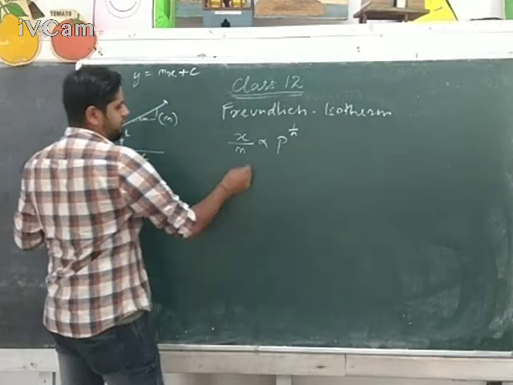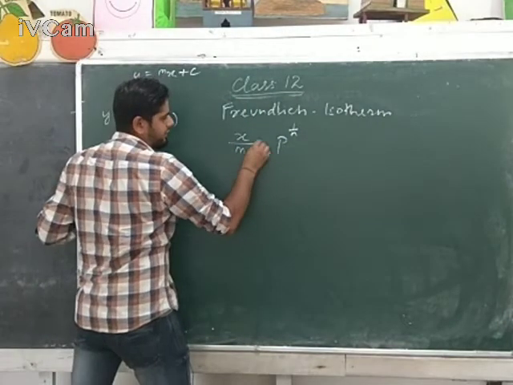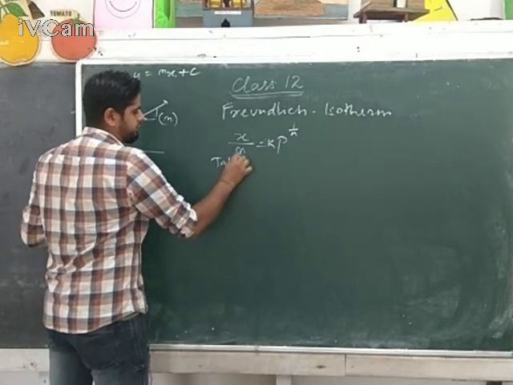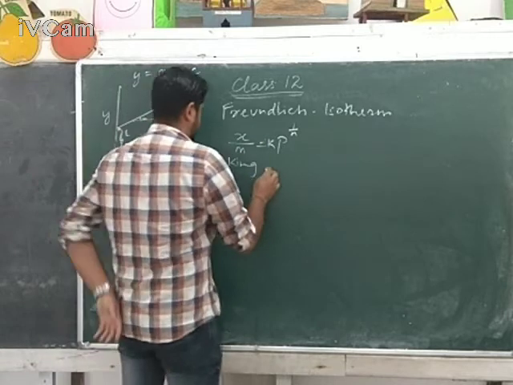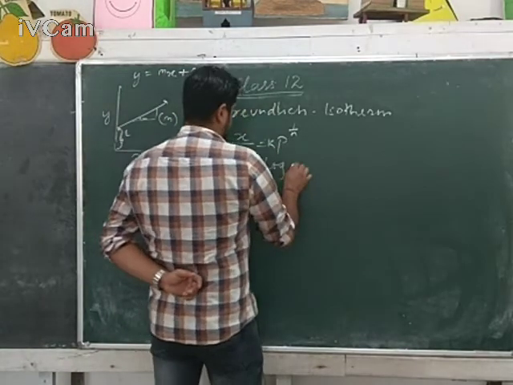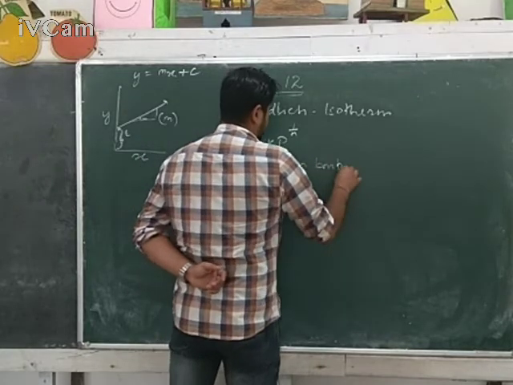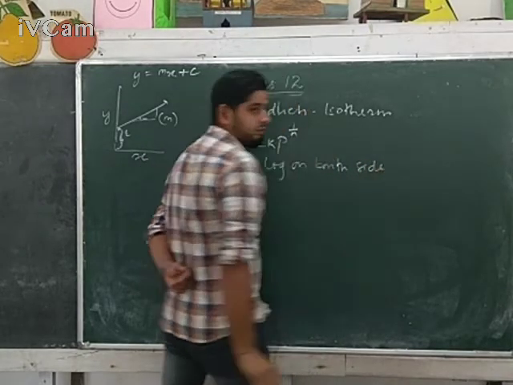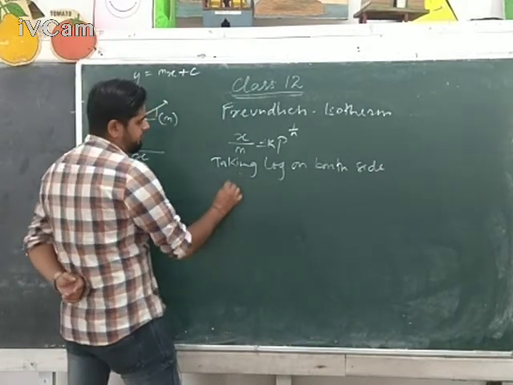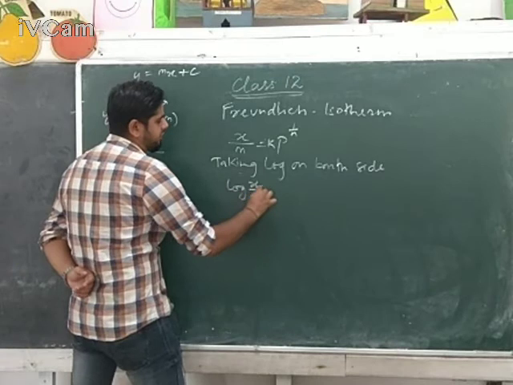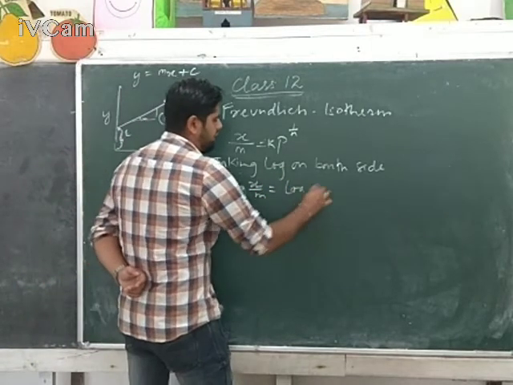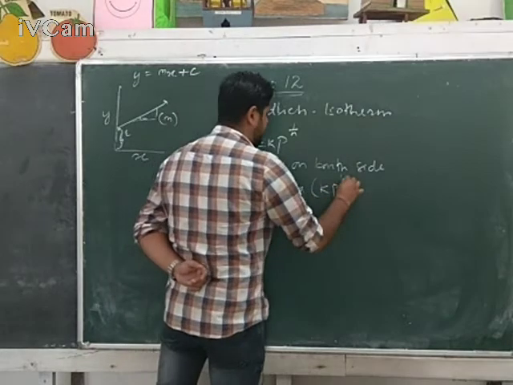Let me write this x by m equals Kp to the power 1 by n. We are taking log on both sides, so this will be log x by m, which is equal to log k p to the power 1 by n.